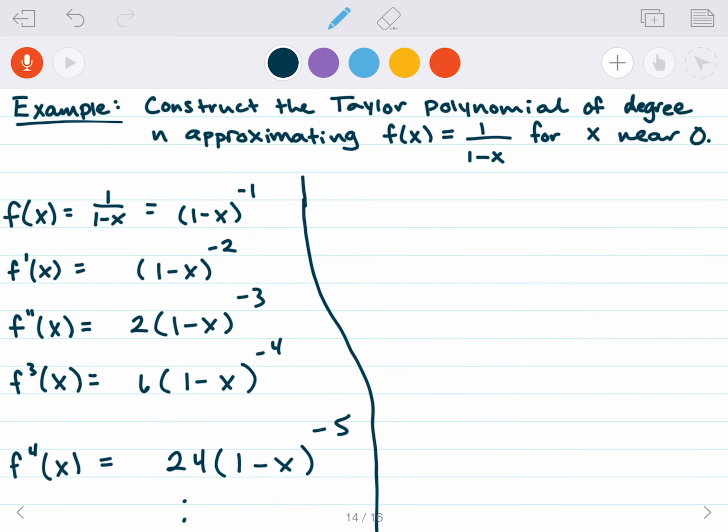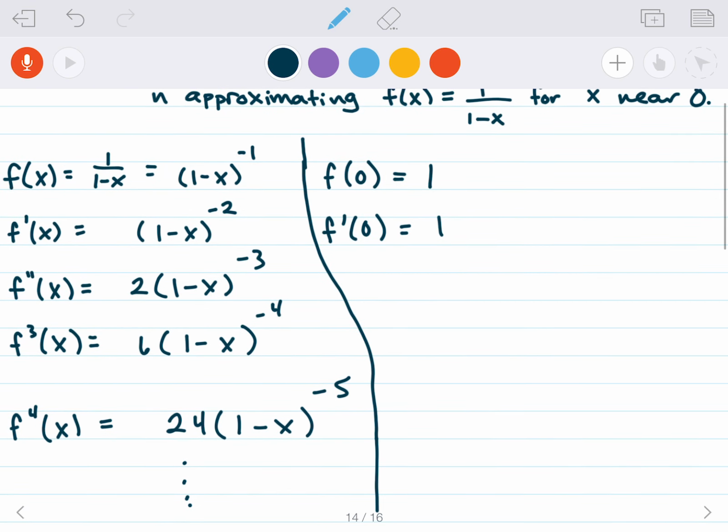Again, we're looking for around 0. So if I do f of 0, when I plug in 0 here, 1 minus 0 is 1 to the negative 1 is 1. f prime of 0 is again just 1. f double prime of 0 is going to be 2. f triple prime of 0 is going to be 6.